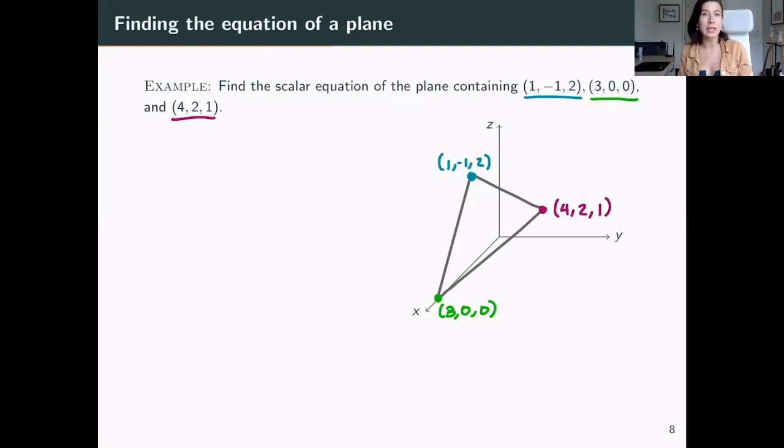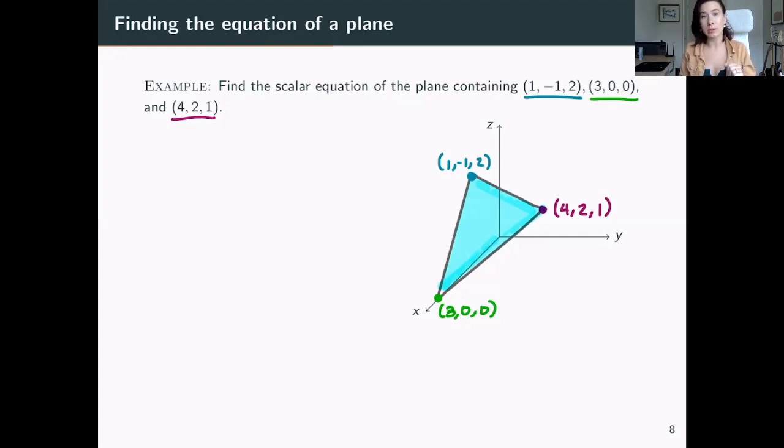As you can see, if you connect these lines, what we end up with is a triangle or a plane in this 3-dimensional space. And so what we need to determine is what the equation of the plane is, and what we need for that is an initial point and a normal vector. Remember, the normal vector is going to be perpendicular to any vector on the plane.